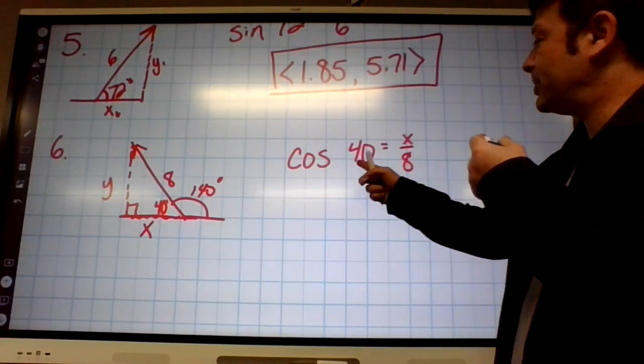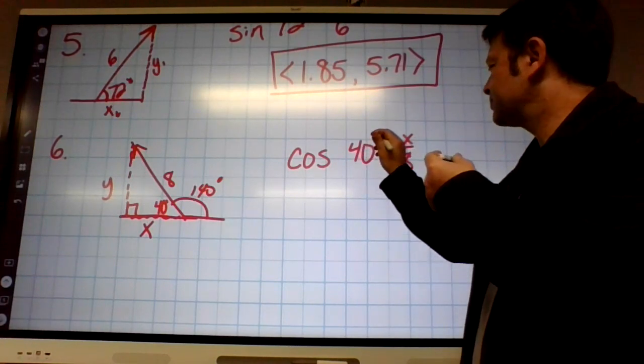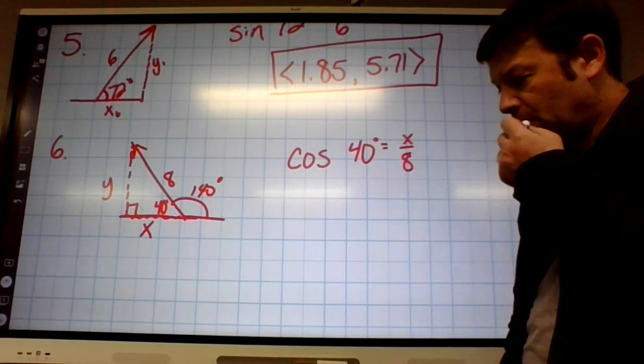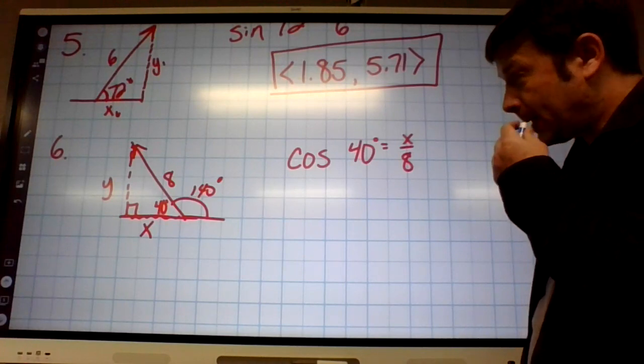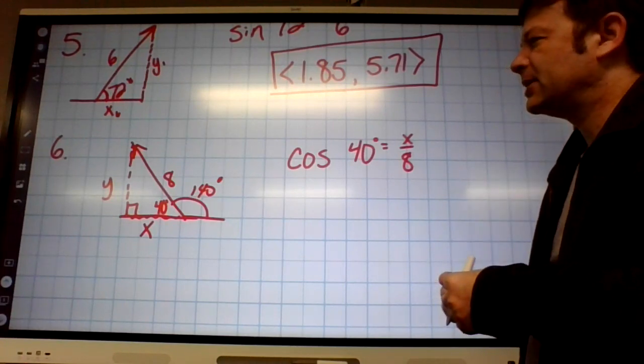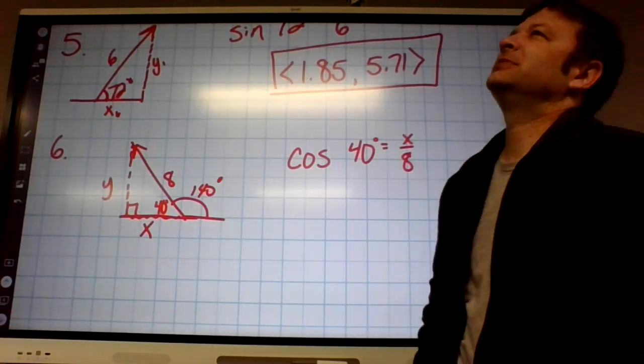So anyway, you have to multiply by 8. Just like last time. Cosine of 140.